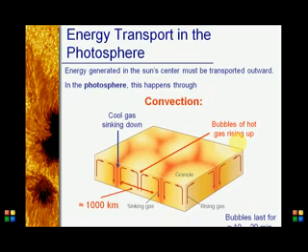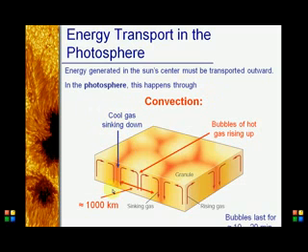So here the heat flow will be caused by convection, and it's caused by the flow from high pressure to low pressure, from high temperature to low temperature. And that's what happens in the photosphere.